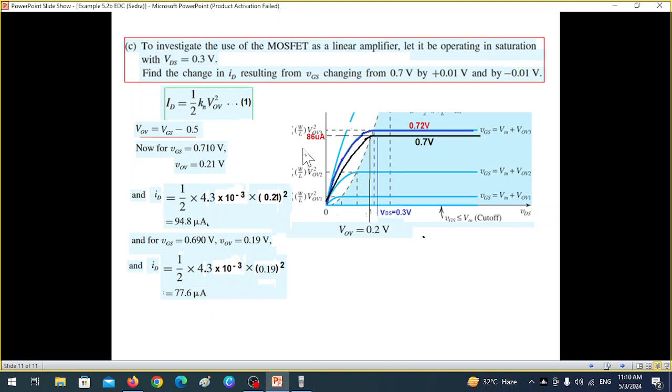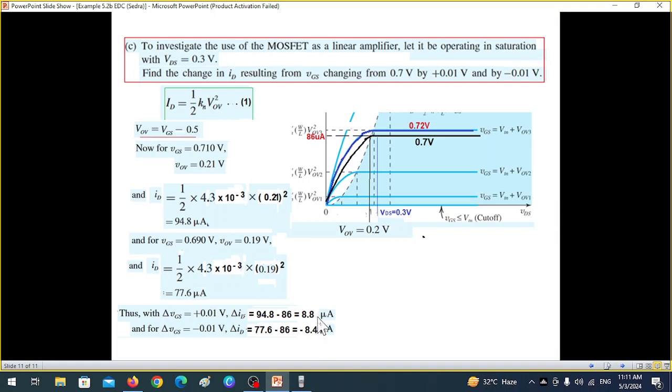So from 86, we have gone to 94.8 for plus, and we have come down to 77.6 for minus change. So the changes in both the cases, for plus, it is 94.8 minus reference 86, 8.8. And for the second case, it is 77.6 minus 86 is minus 8.4.